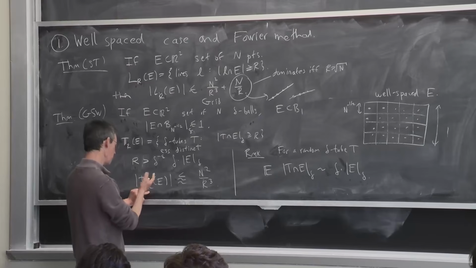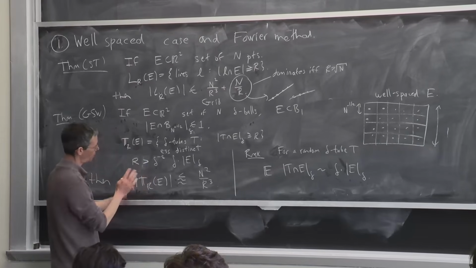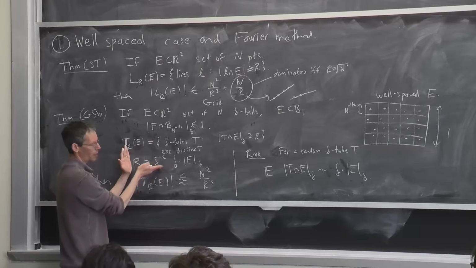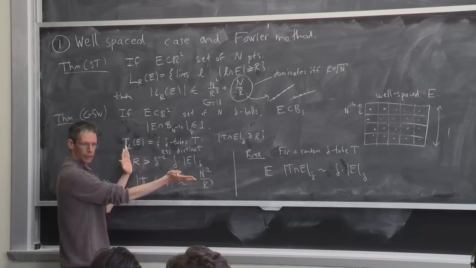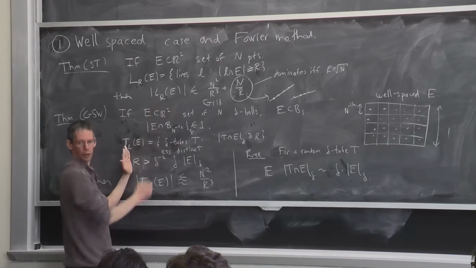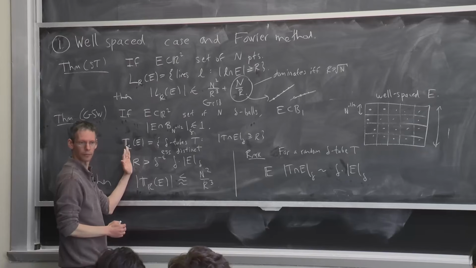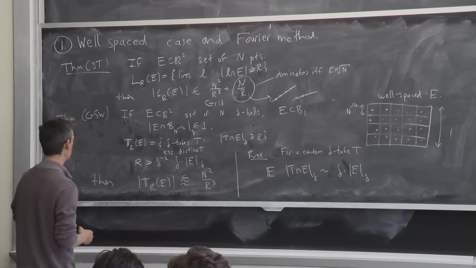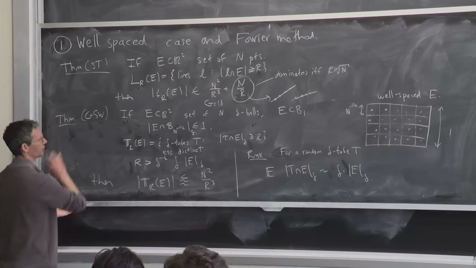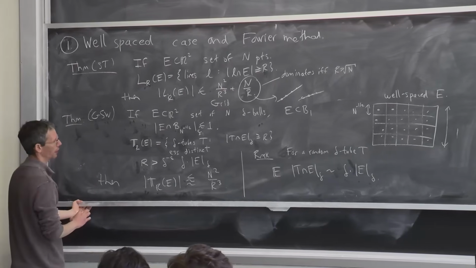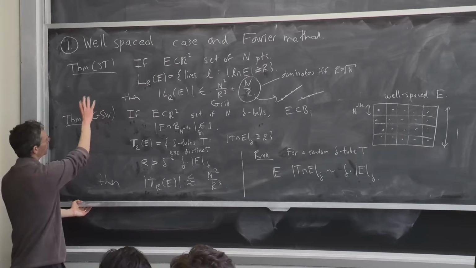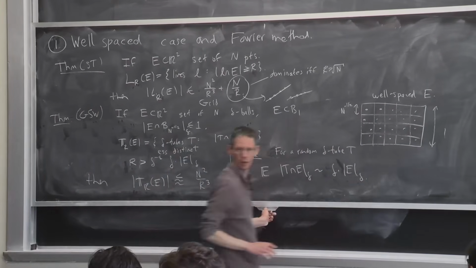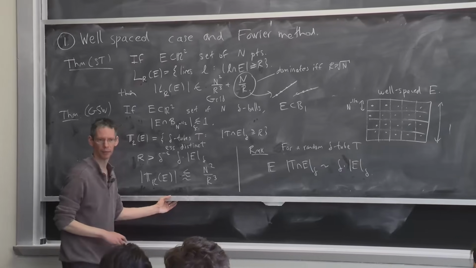But there's a rather remarkably sharp phase transition: you increase R just a little bit beyond this threshold, and then you get a bound that matches Szemerédi-Trotter. OK, so that is the statement of the theorem. And it says in a nutshell that Szemerédi-Trotter basically continues to hold if you take a well-spaced set E, which is one of the cases we mentioned last time.